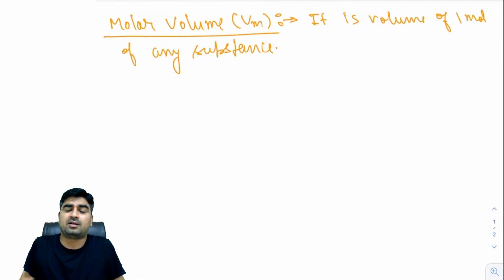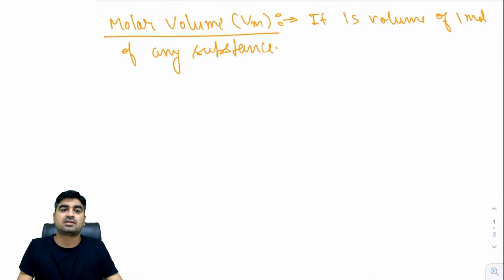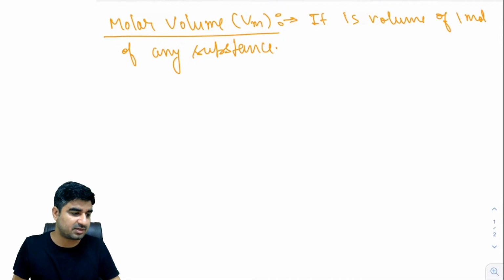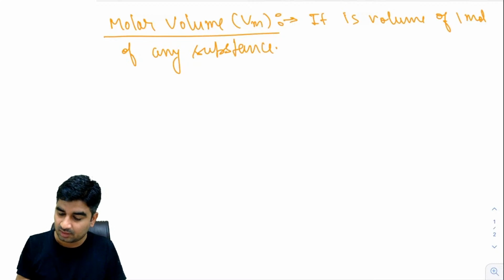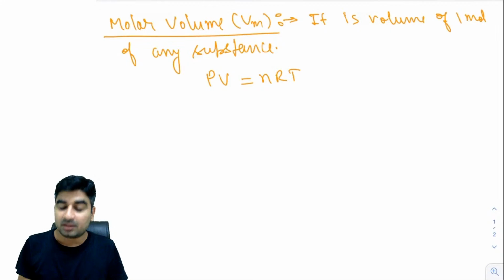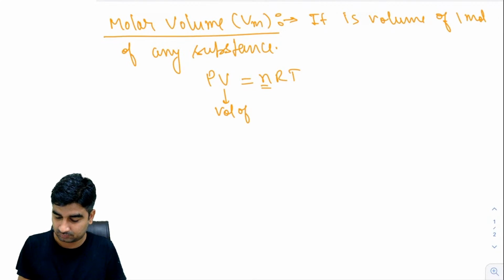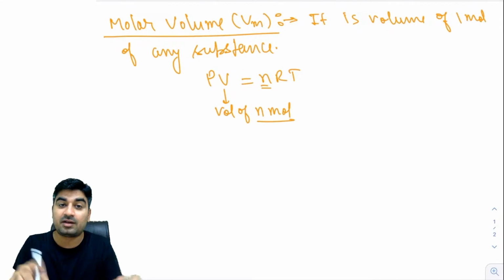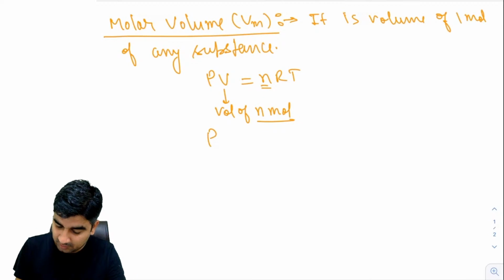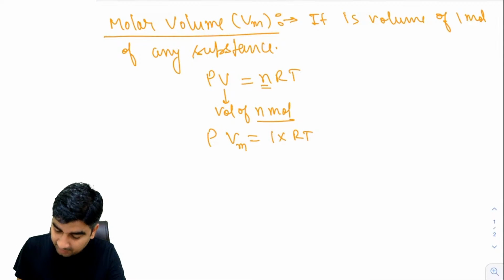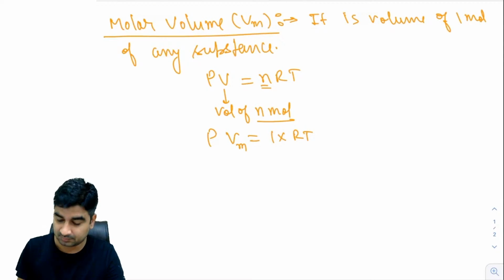But here we are dealing with gas, so I'm considering it as gas. For gas, I will write PV is equal to nRT. Actually, this volume is of n mole, and if I take n as 1, then it will become the volume of 1 mole, and I write m subscript.